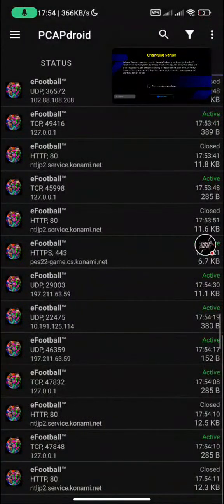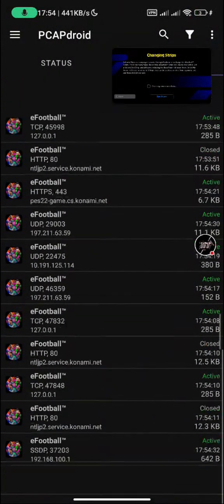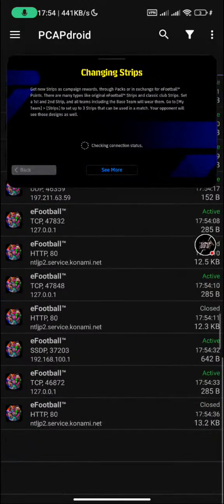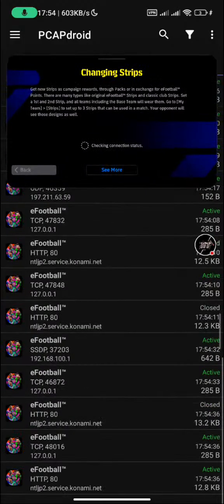Glo didn't connect. Let's see the next person. Checking connection status.